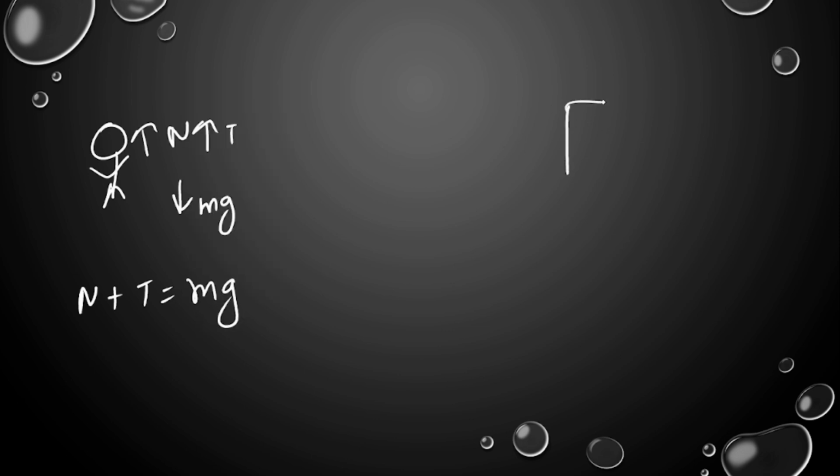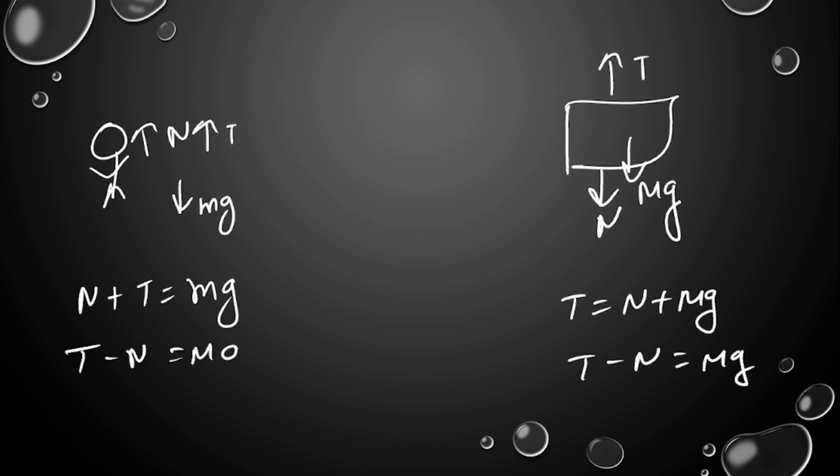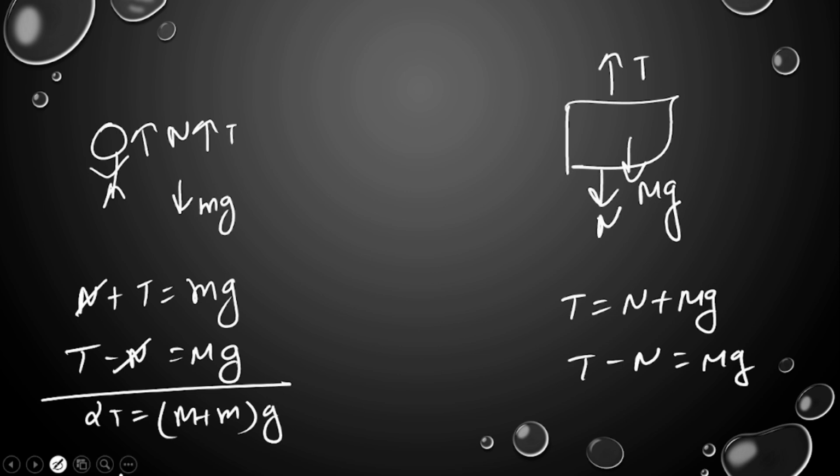And for the block: its own mg, normal, tension. So from here we can write T equals N plus mg, so T minus N equals capital Mg. Adding both the equations, N and N are gone, so 2T equals capital M plus small m into g.